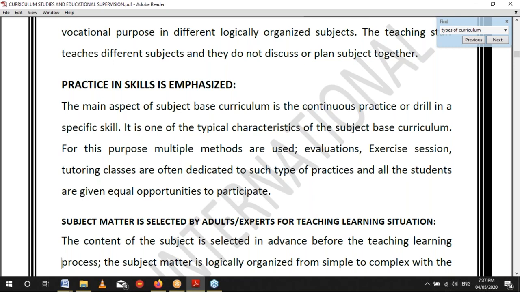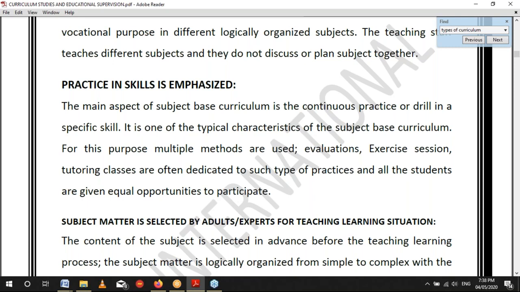Number four, criticisms. It was also criticized of failing to develop the habit of effective and critical thinking.